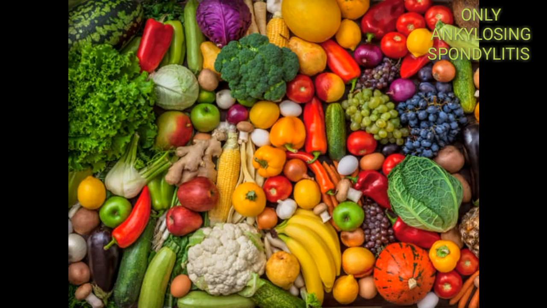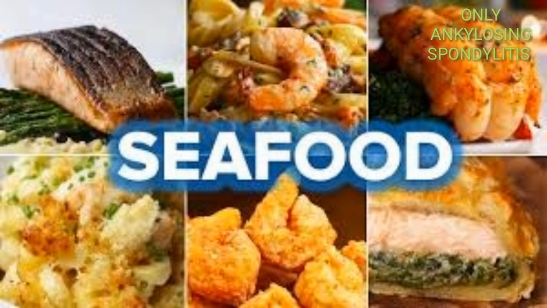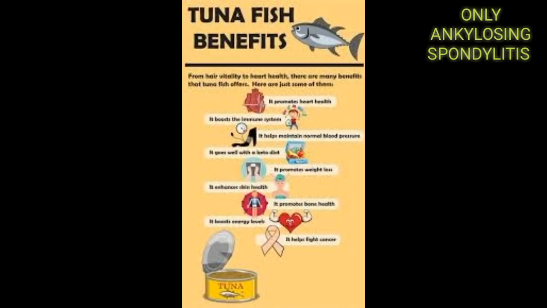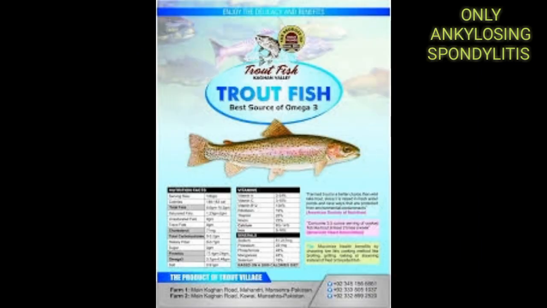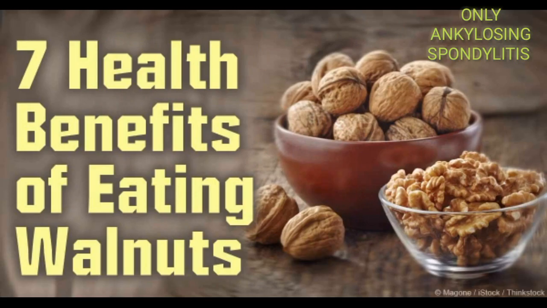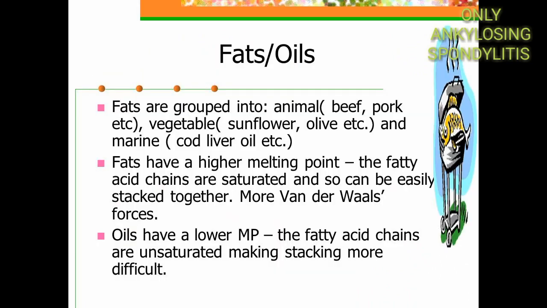Protein sources. Anti-inflammatory protein sources include most fish and seafood, and some plant-based sources. Some examples: salmon, tuna, sardines, trout, non-fat yogurt, soy foods, dry beans, walnuts, almonds, pecans, Brazil nuts. Fats and oils.